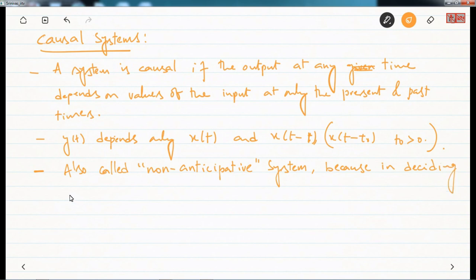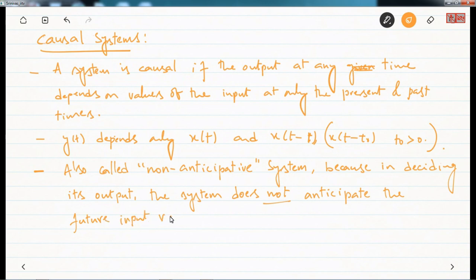Because in deciding its output, the system does not anticipate the future. As I said, the response of an automobile will never depend on the future inputs to be given by the driver.